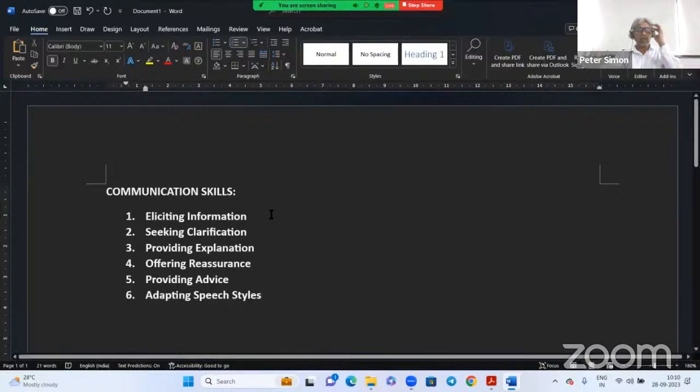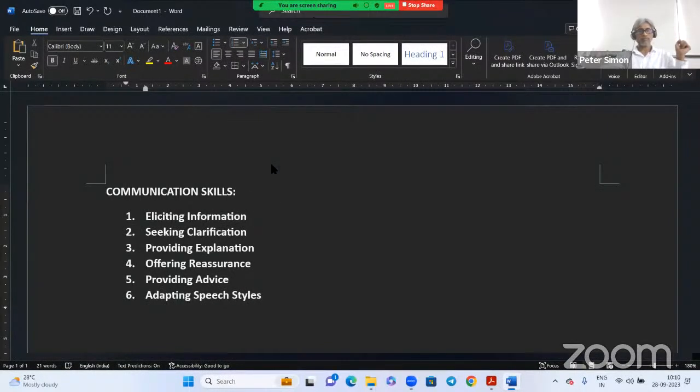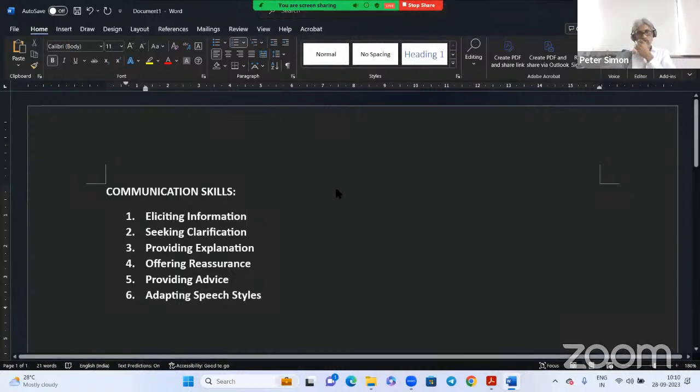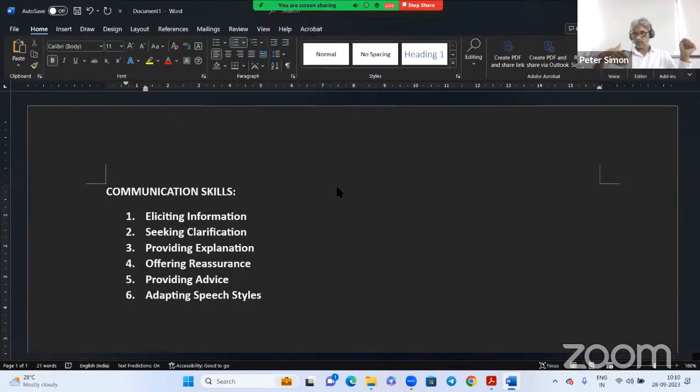Now, what is eliciting information? Eliciting information means, for example, in the beginning, you already have the role play card, you already have the case notes.